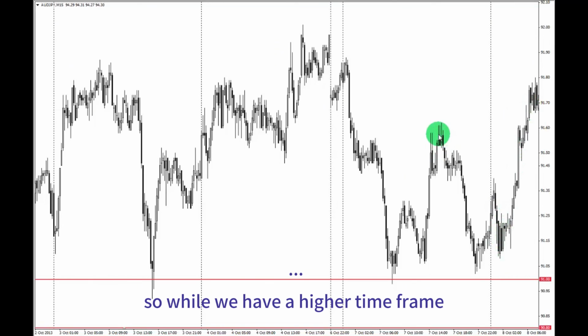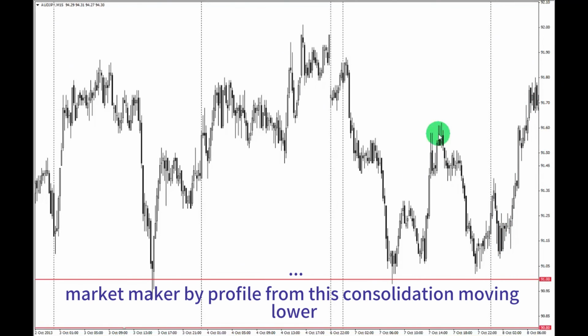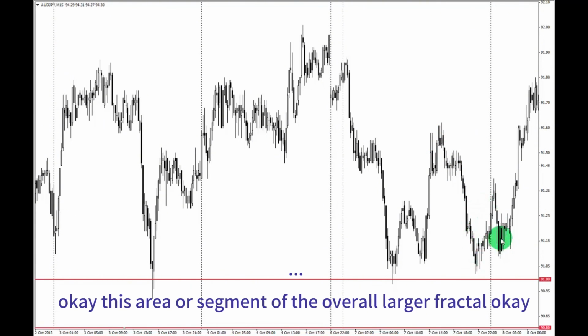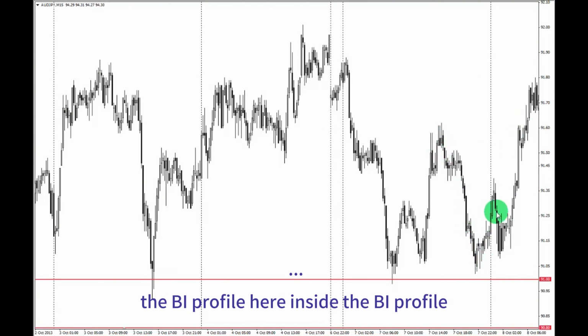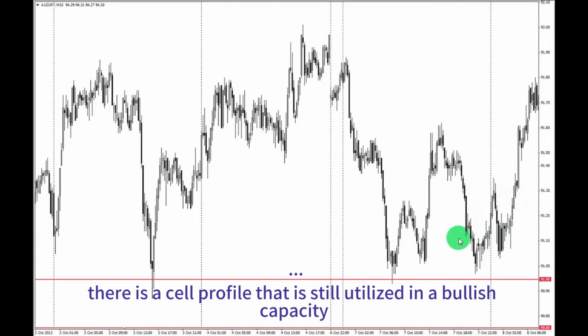So while we have a higher time frame market maker buy profile from this consolidation moving lower, okay, this area or segment of the overall larger fractal, okay, the buy profile here, inside the buy profile there is a sell profile that is still utilized in a bullish capacity.